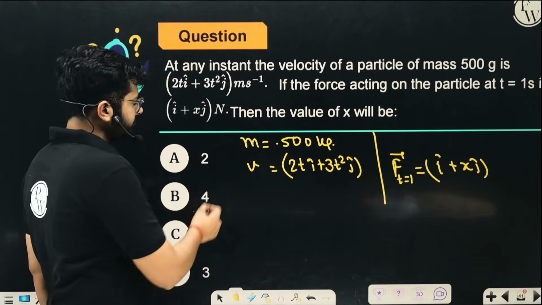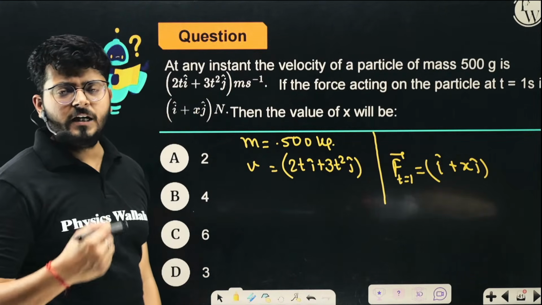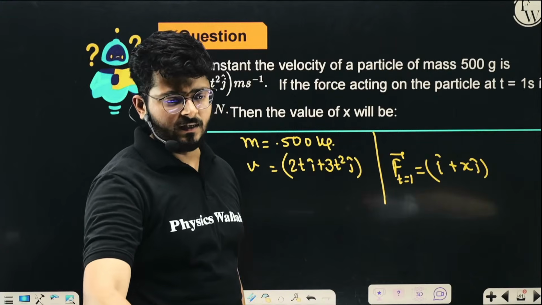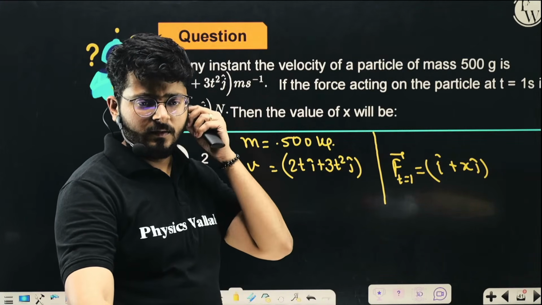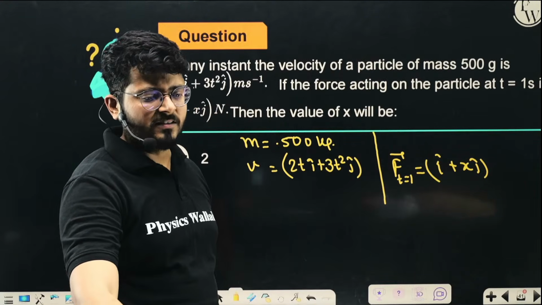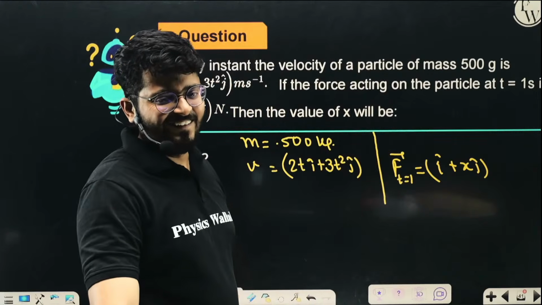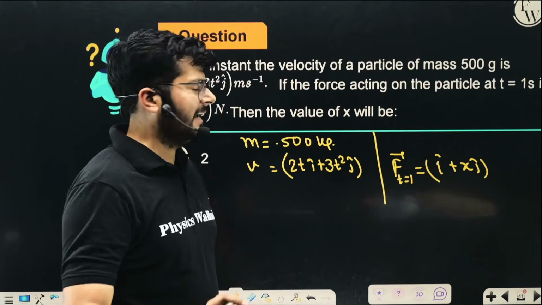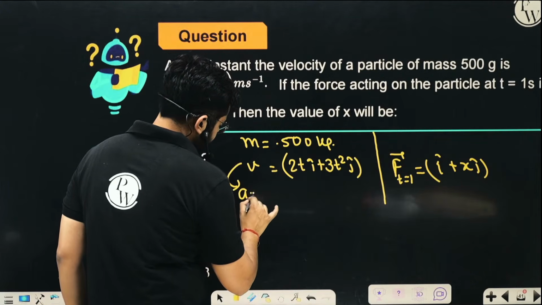We know the velocity like this, and we know that when we differentiate velocity, we get acceleration. So dv by dt is nothing but the acceleration acting on the body. So differentiate that.